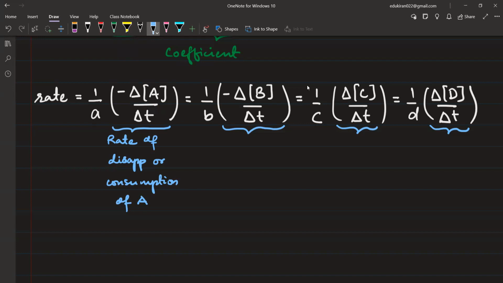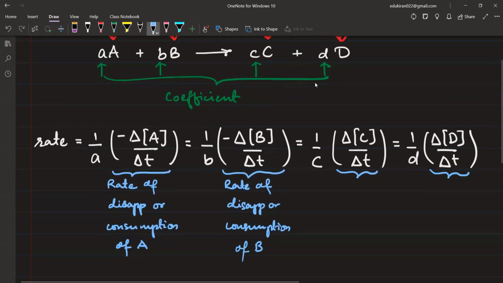Similarly, what will be this one? Tell me for B. It will be rate of disappearance or consumption of B. अब ध्यान से बताइए, what is C? Reactant है C या product है? Product है. So what should I write? Rate of appearance.